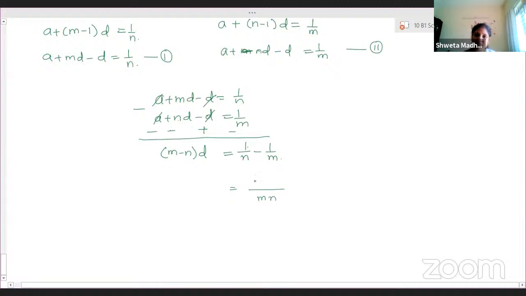So here you have to multiply with m, here you have to multiply with n. So m minus n into D is equal to m minus n by mn. So this m minus n, if transferred to that side, into 1 by m minus n, this bracket and this bracket cancelled. So the value of D is 1 by mn.